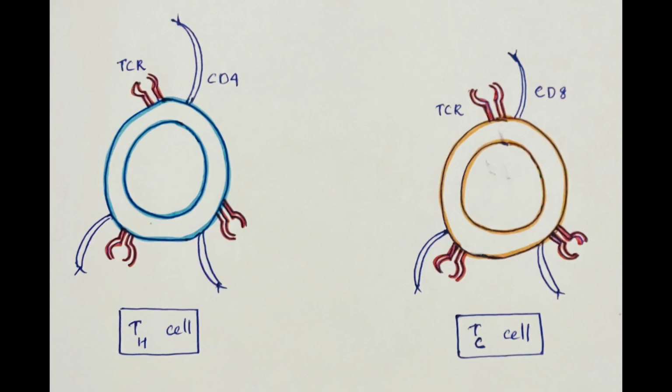Okay, so this is the structure of T helper cell and T cytotoxic cell. So on T helper cell, you can see there is T cell receptor and CD4 membrane glycoprotein on its surface. And on T cytotoxic cell, there is T cell receptor and CD8 membrane glycoprotein on its surface.